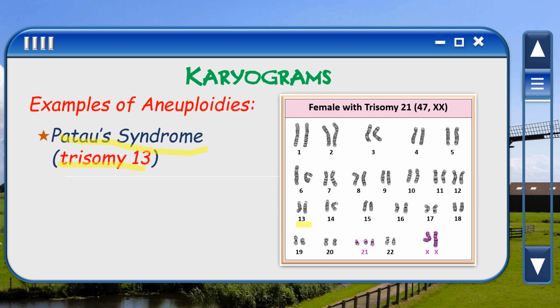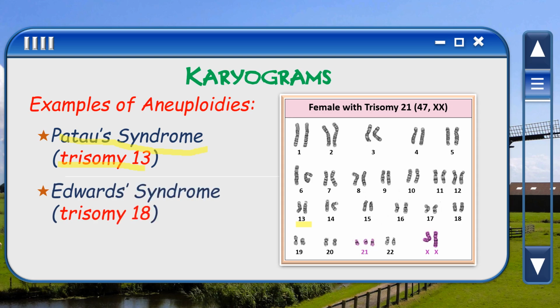Edwards syndrome is a trisomy that occurs on chromosome number 18. If we have 3 chromosomes here at chromosome 18, that would be Edwards syndrome.